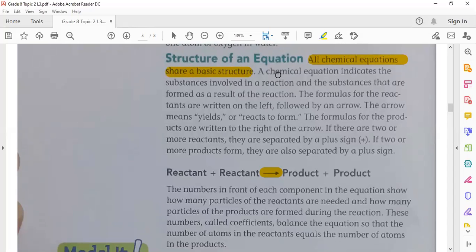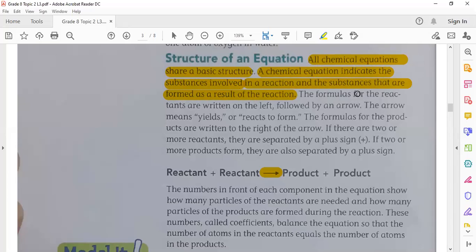A chemical equation indicates the substances involved in a reaction and the substances that are formed as a result of the reaction.